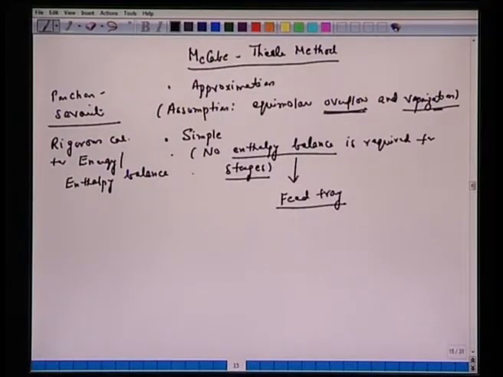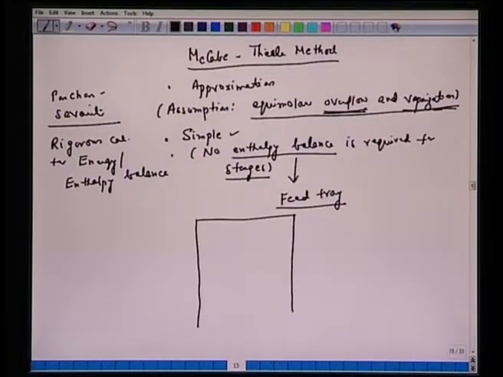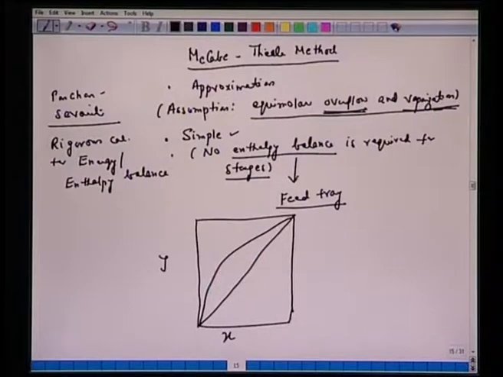So you can see that this method, although it has very rigorous assumptions as it reads here, results in a very considerable simplicity. Okay. So essentially, all the time or most of the times we would be referring to this y versus x equilibrium diagram. So this is the foundation and the basis of your McCabe-Thiele methods. All right.